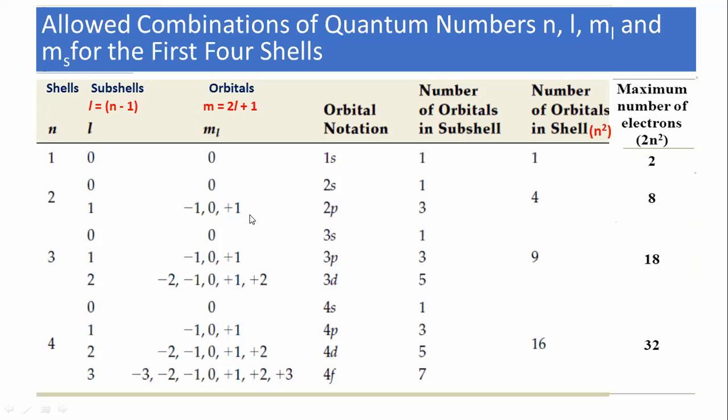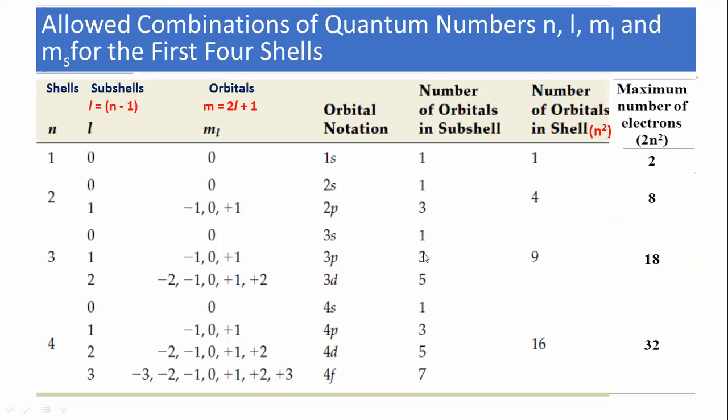When it is 1, similar to this condition, this will be the p. But here we are talking about the principal quantum number n as 3, that's why it is the 3p. And there are 3 orientations, because 1, 2, 3, or 3 orbitals of the p subshell are present.